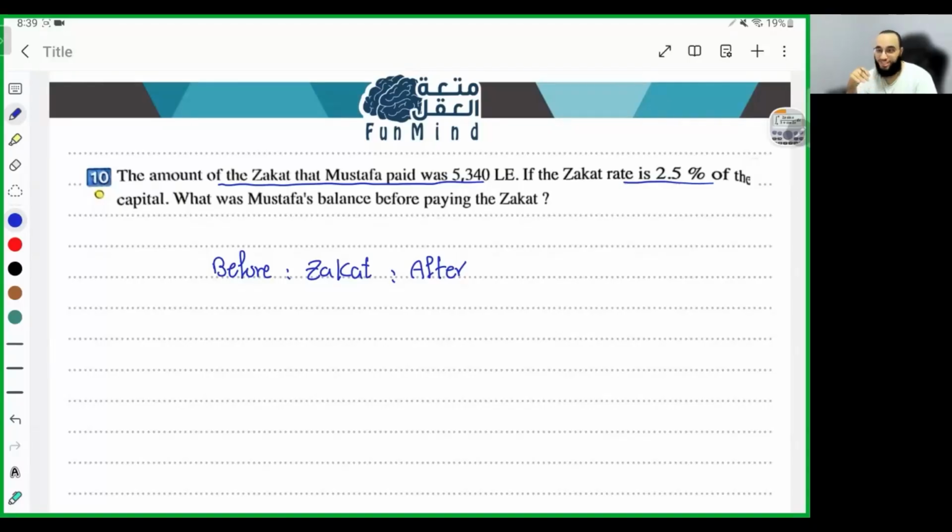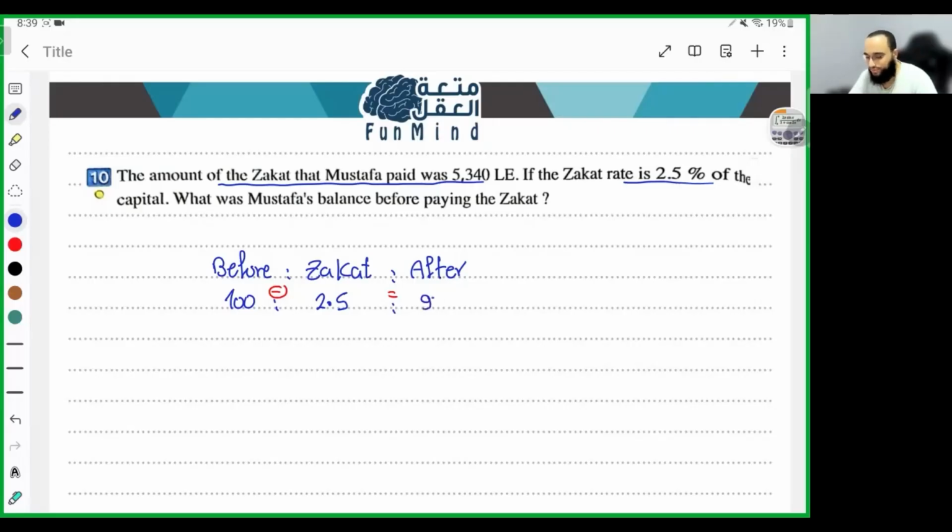So it's increasing your position in Jannah. Okay. So right now, before is always 100, and the zakah is 2.5. Do you have to subtract or add them? We are subtracting, the zakah is decreasing the money.